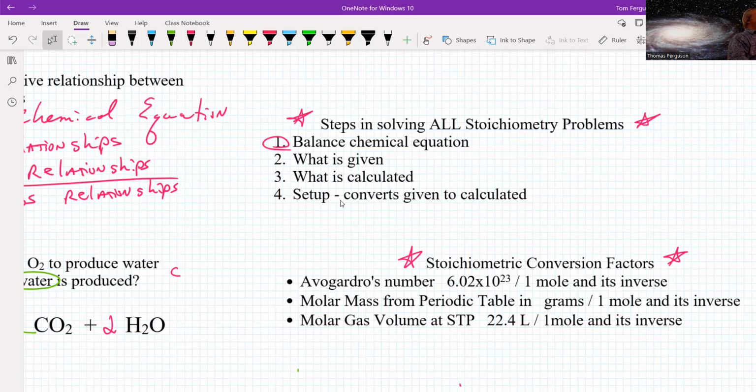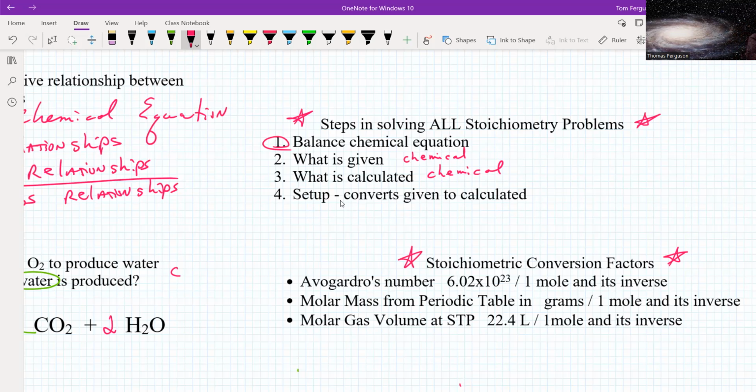Next thing is, within the word problem, what's being given? And this we've gone over time and time again from day one. Next, what are you trying to calculate? When you're doing this, it's specific for a chemical. If there's no chemical reaction, then the chemical is the same. But if there's a chemical reaction, the chemicals are not the same.